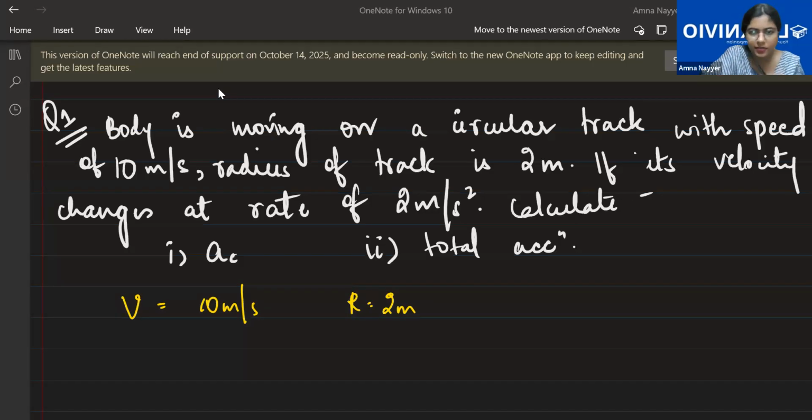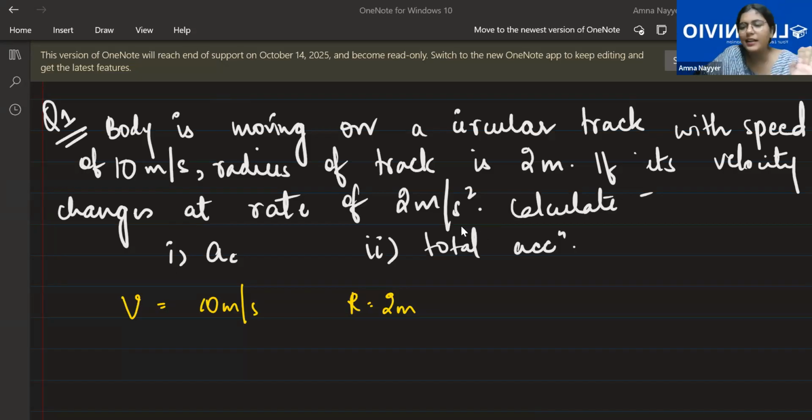Out of all the things that we've said. Tangential acceleration. Very good. Tangential acceleration. See, the velocity is changing at a rate, which means the magnitude is changing, and that is provided to us. Also, if you're getting confused, because sometimes, like Hafsa, you were saying also, that the language of the questions becomes tricky, so what you do, the best part, you see the units.